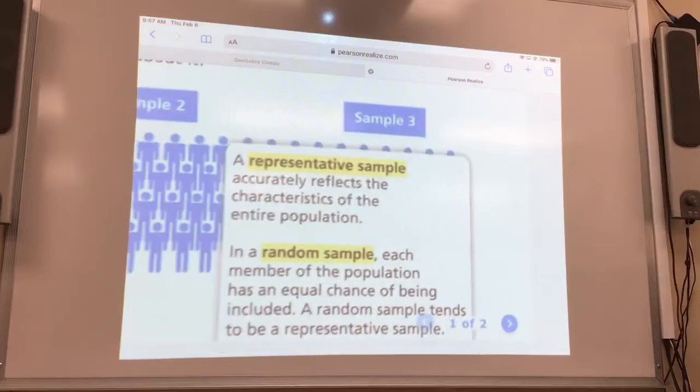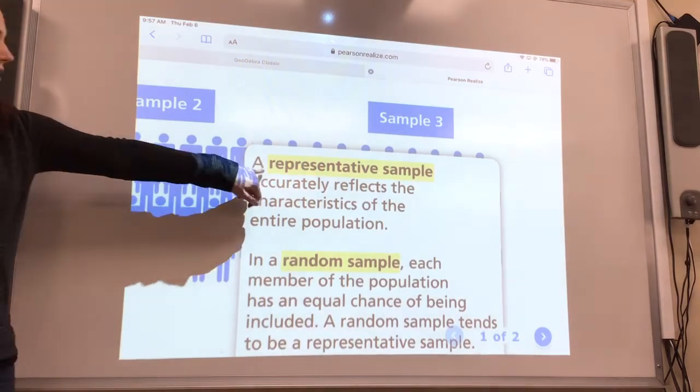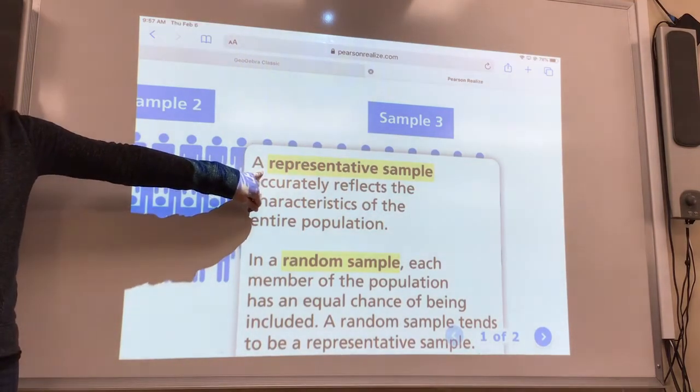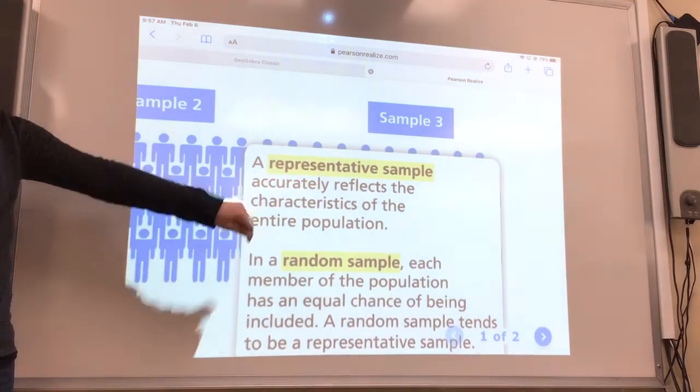Okay, let's do these vocabulary terms first before doing the situation. So I want you to write down the vocabulary phrase representative sample. It's a specific kind of sample.